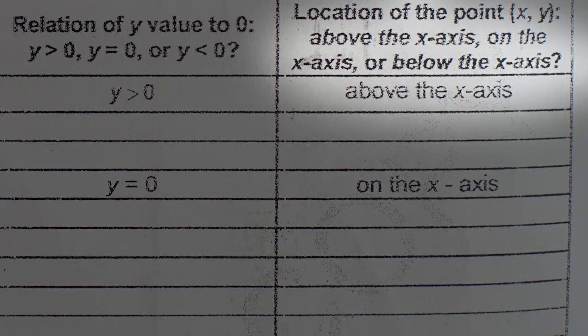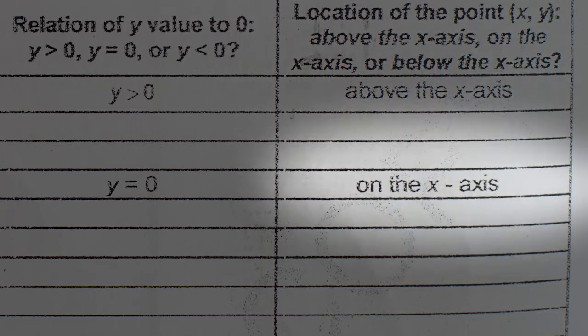The first term stands for the x-axis and the second term stands for the y-axis. So we have above the axis, and we also have on the axis, the x-axis.